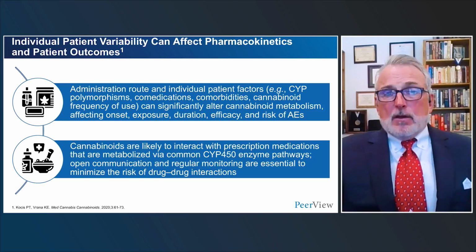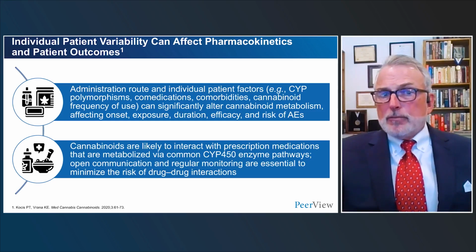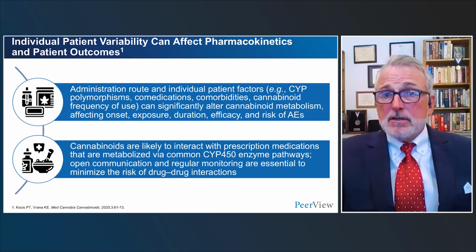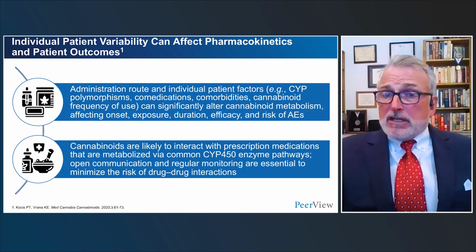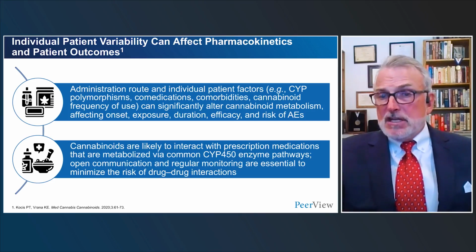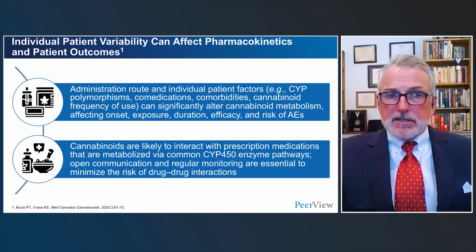And the simple rule is to start low and slowly escalate until you get a benefit and then hang out there. What we're only now beginning to learn is that individual patient variability in their genetics can affect pharmacokinetics and patient outcomes. So, especially in naive patients, the use of high dose THC can be very detrimental because it has untoward psychological activities.